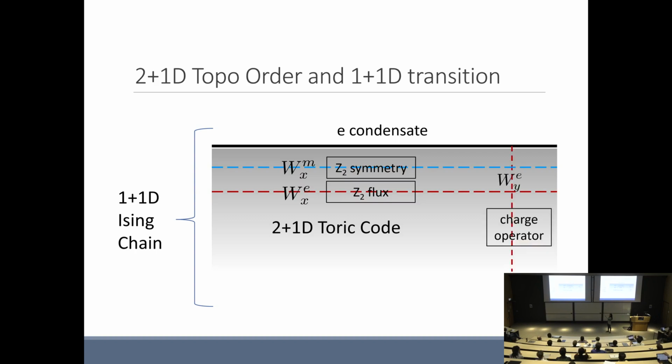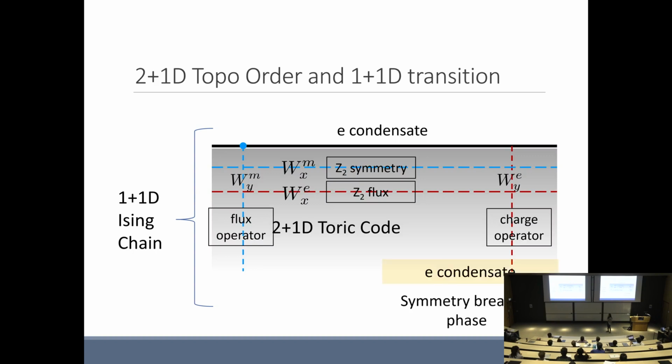And then tunneling E vertically will anti-commute with the M string operator in the horizontal direction, and therefore change the charge sector of the sandwich. On the other hand, if we tunnel an M particle in the vertical direction, it will change the flux sector. So this is how we specify the sectors and how we can commute all these sectors.